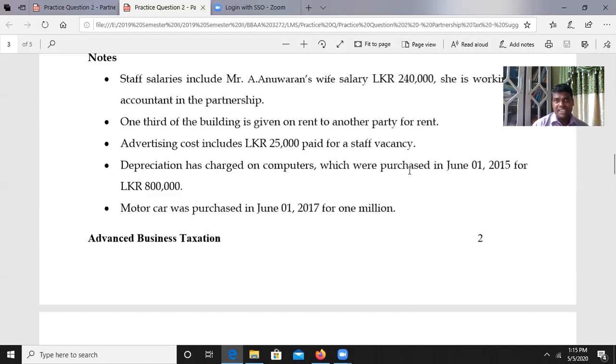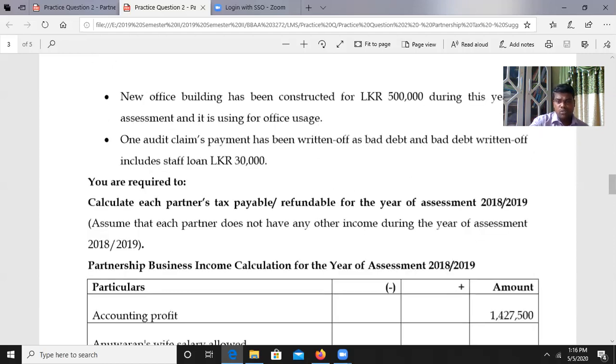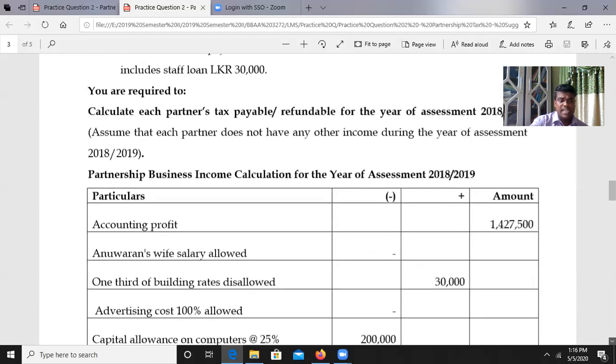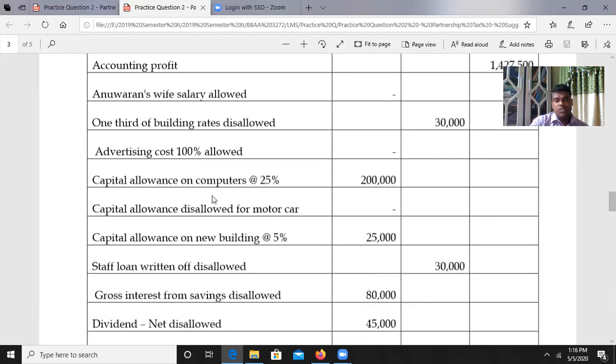According to the previous act, capital allowance can be given at 25% for the computer. So 2018-19 is eligible to claim capital allowance for the computer. That's why I included it in the calculation. You can see that capital allowance on computers at 25%, 800,000 into 25%, which is 200,000, can be deducted from the accounting profit as capital allowance.